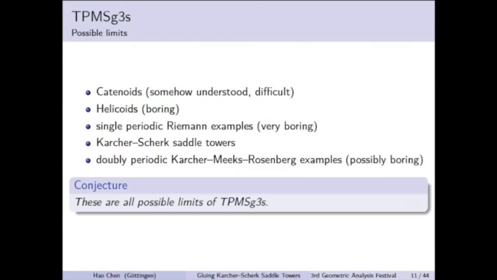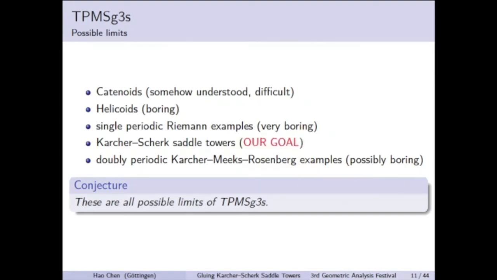On the other hand, I believe that the helicoid limits, Riemann limits, and the doubly periodic limits should be very easy. More precisely, I think they are boring because I believe all these limits are limits of the mixed family, but it still needs to be written down, and I intend to finish this in the near future.